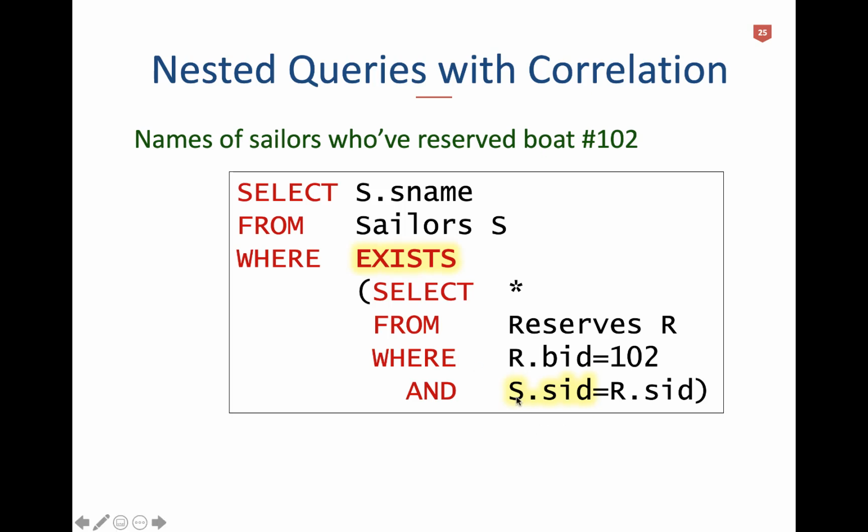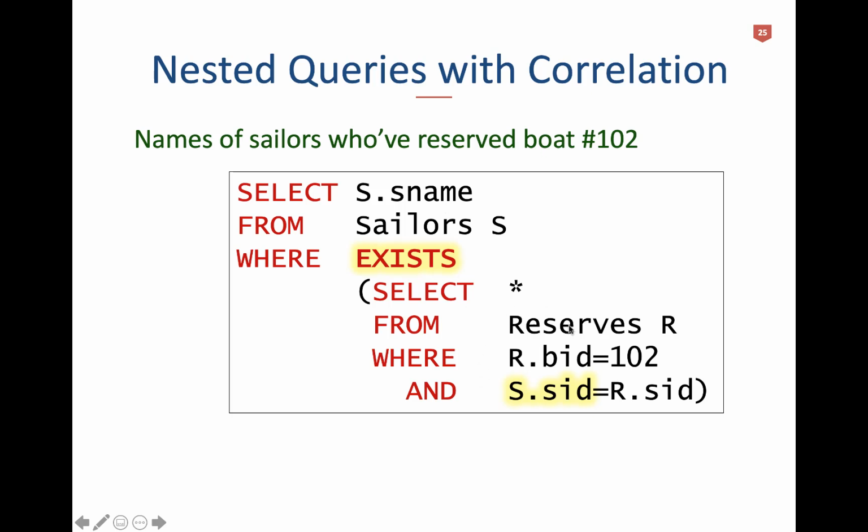We joined on SID, and we use the word exists. Exists means this shouldn't be null. So any value that is present here, select any. If this exists, if it's not equal to null, then for each sailor in this table, I'm going to show the S name.